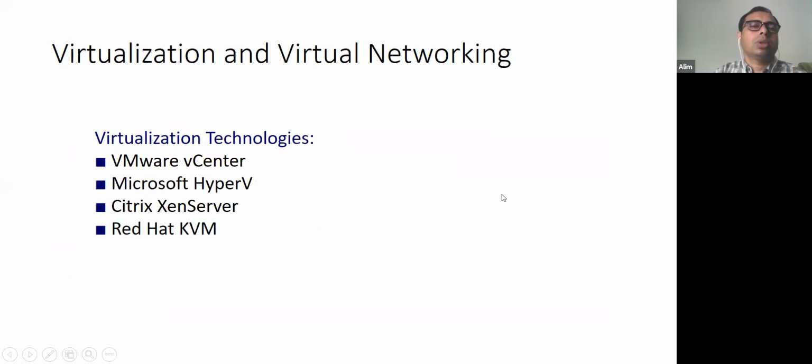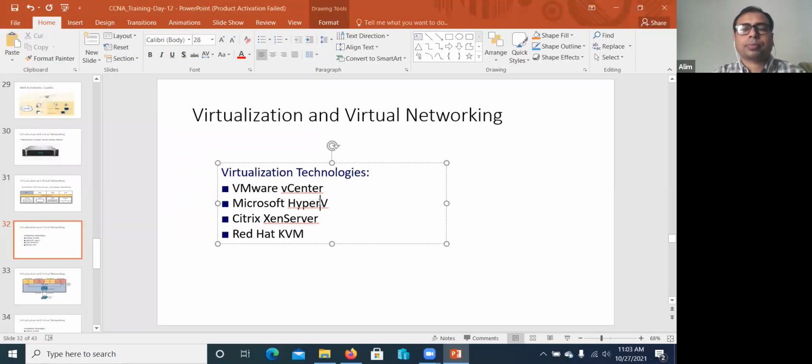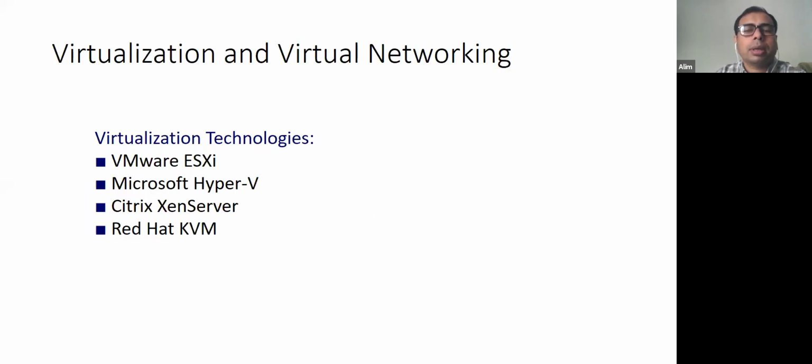So what are the virtualization technologies we use? We use VMware, we use Microsoft Hyper-V, and Citrix XenServer. We can also use free open source Linux KVM or Red Hat KVM.